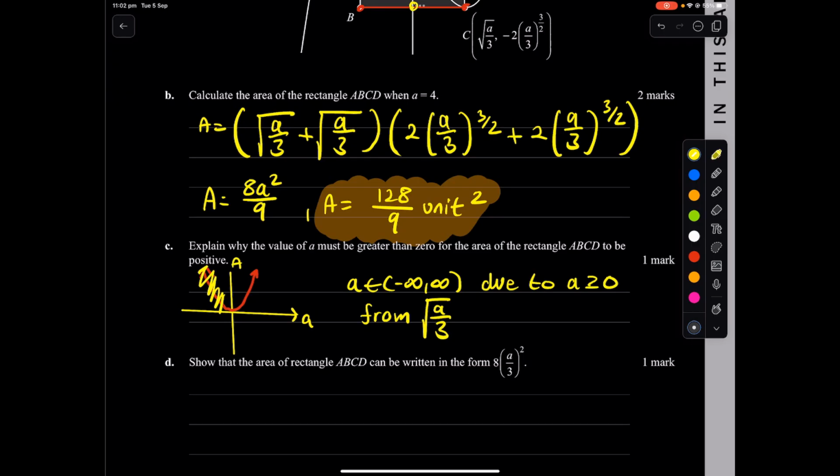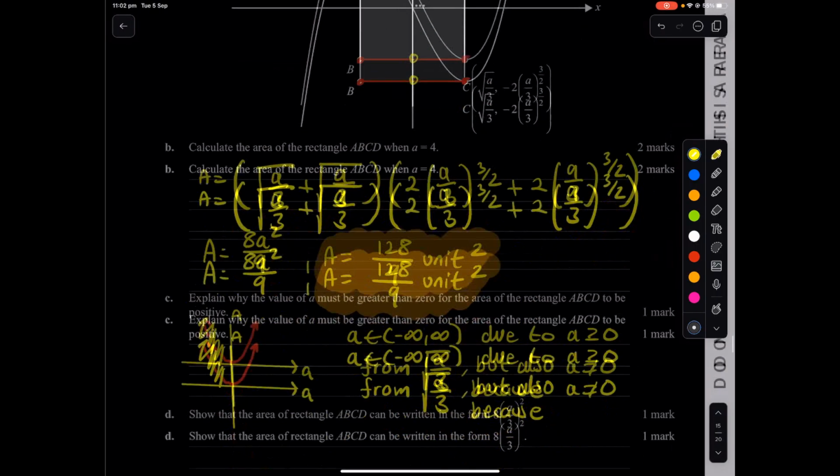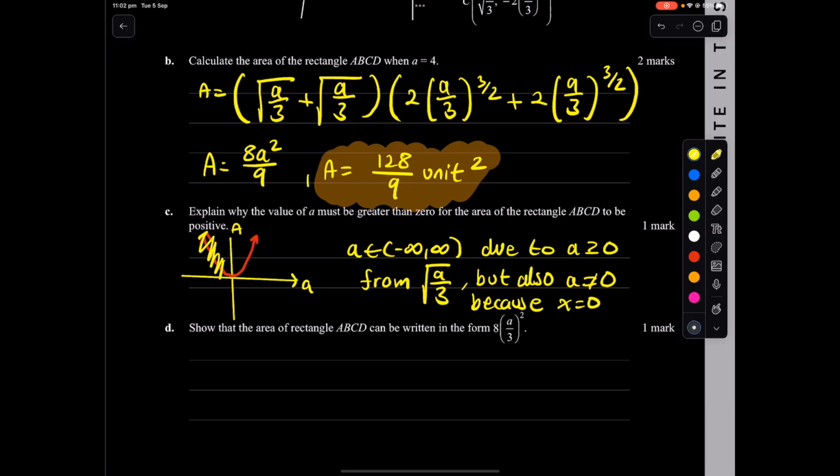But also a cannot equal 0, because x will equal 0. I don't know how I would write this exactly, but I hope you understand what I mean.